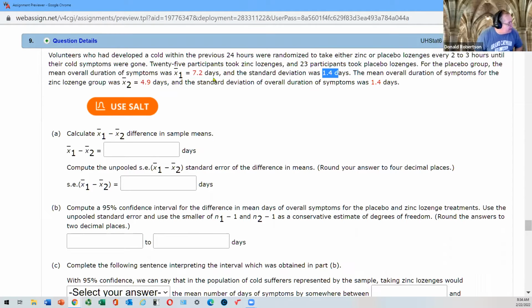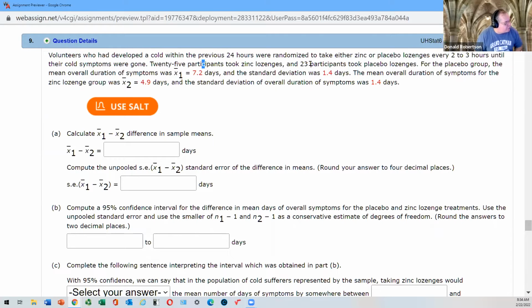So evidently, the placebo group's going to be called 1, and the people who are getting the zinc are called 2. So it's the same numbers, I'm just switching their jobs. So X1 is this guy, S1 is that guy, sample size is 23. That was annoying.